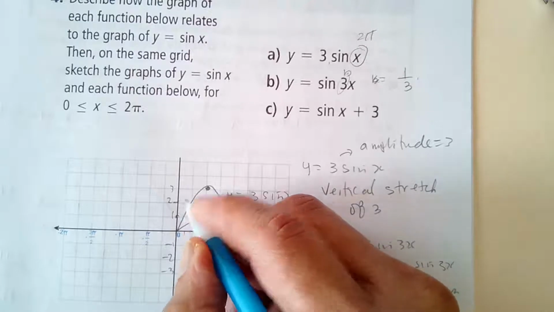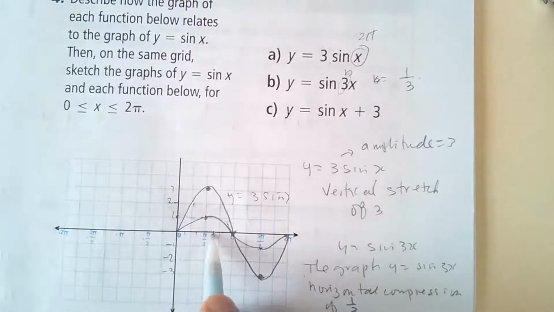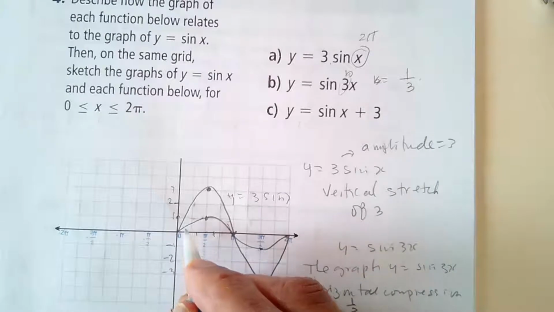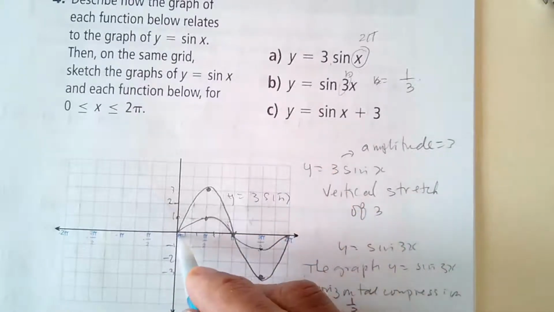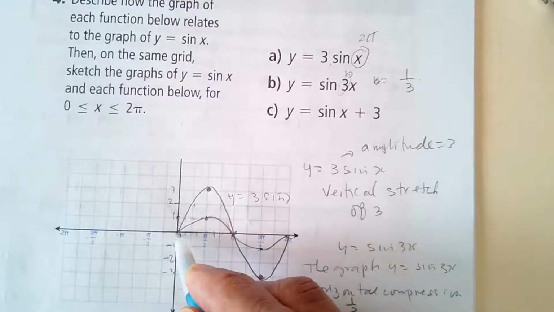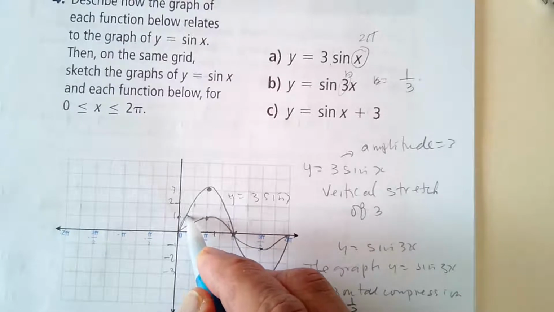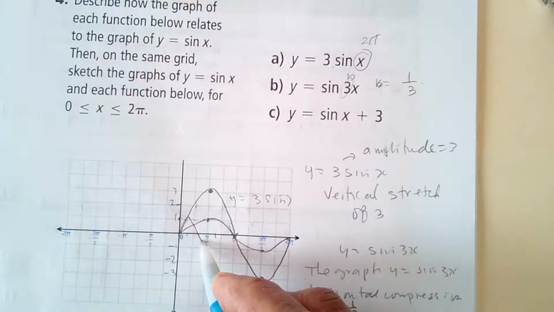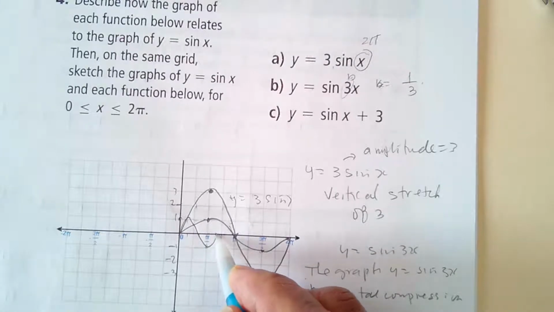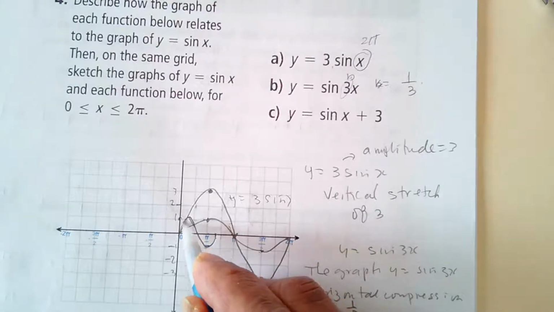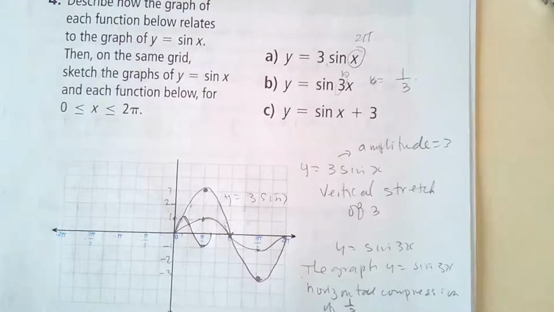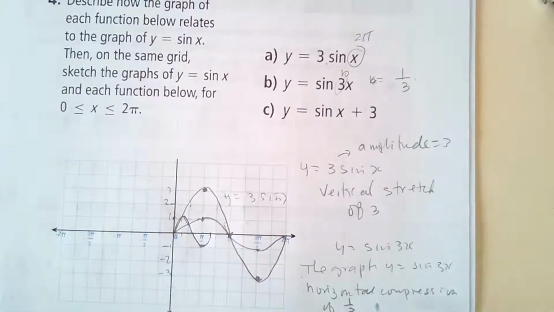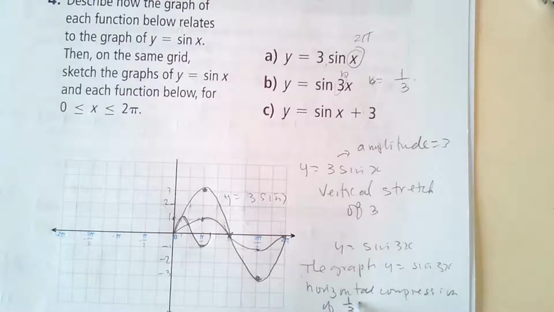Instead of this graph going all the way there, now we have a period of sine going up here, coming down, then down here, approximately. So the period is 2/3 pi, or the compression is 1/3.